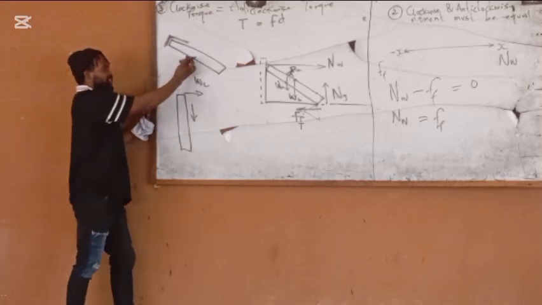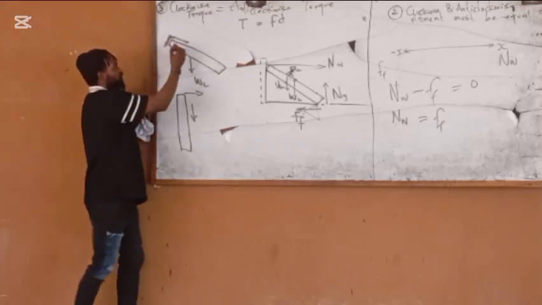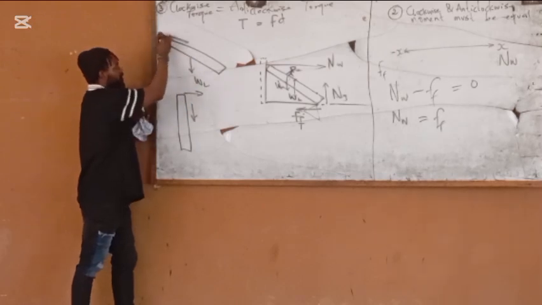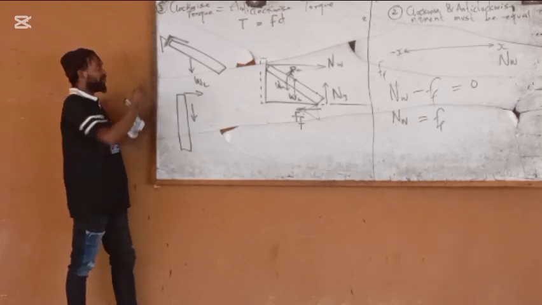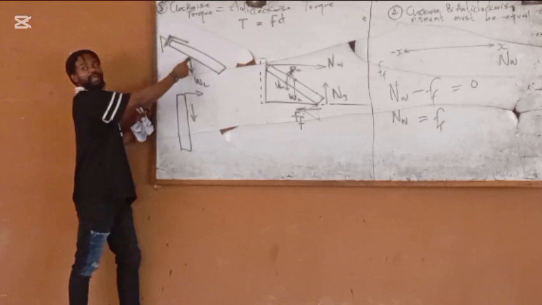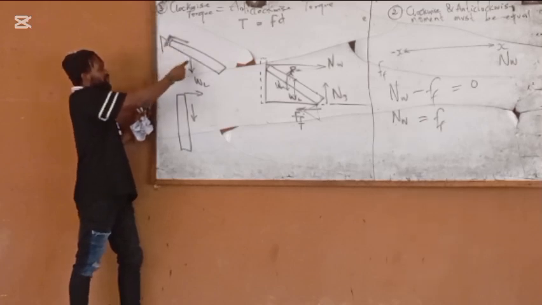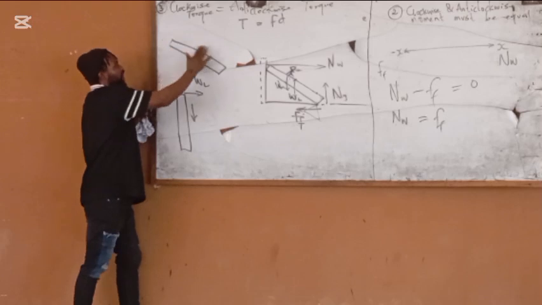If I come and put it here, it is direct this way, then there's this thing this way. Are you not seeing that it's at an angle and not 90 degrees? So for this to actually be at 90 degrees, this has to be this way. That is why we have what we have.